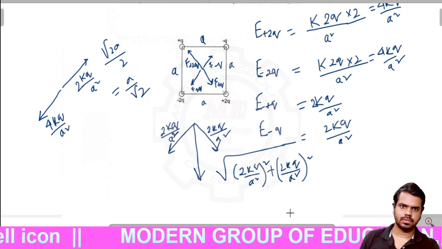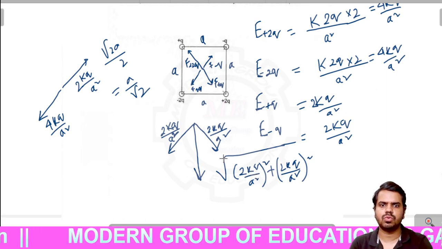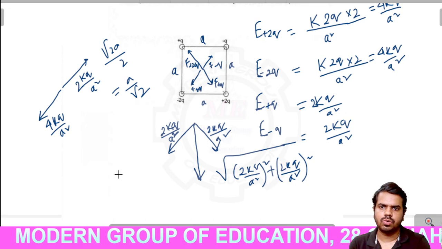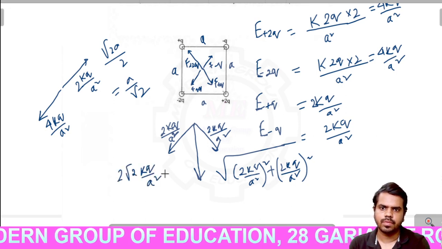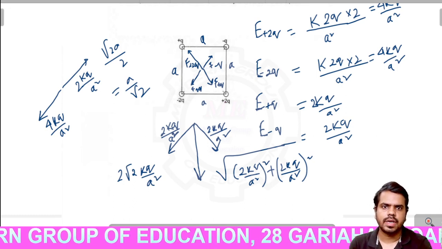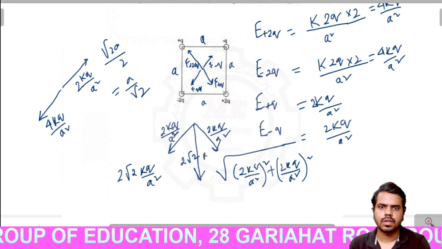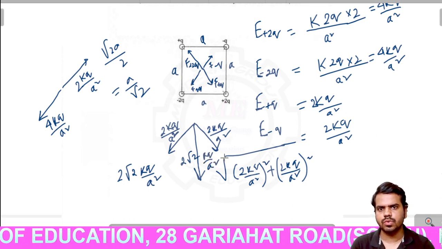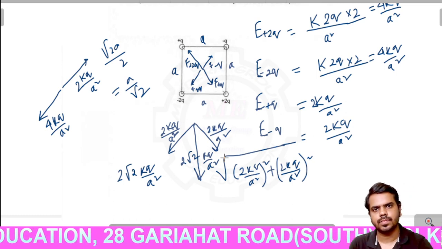Okay. So this is 8K square Q square by a to the power 4. Root 8 means 2 root 2. So the net electric force will be 2 root 2 KQ by a square. This is the ultimate result. 2 root 2 KQ by a square. Root 8 means 2 root 2. Okay. Understood?